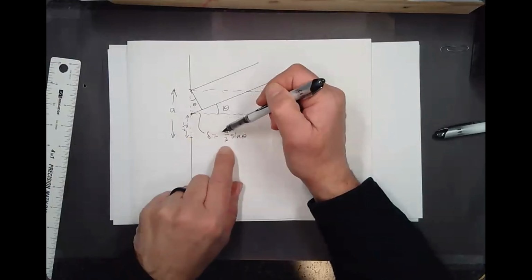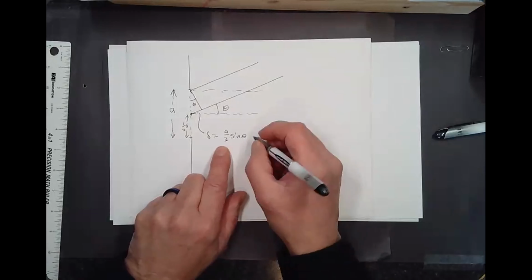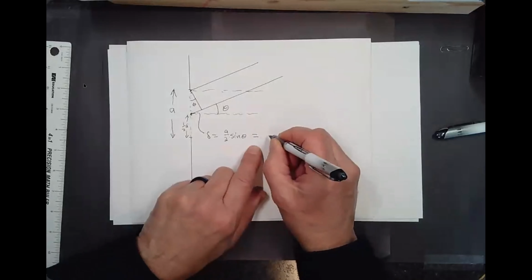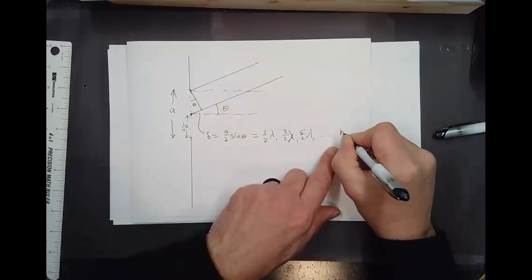Well, I'll get minima if this distance happens to be half of a wavelength, or 3/2 of a wavelength, or 5/2 of a wavelength, and so forth. These are minima.